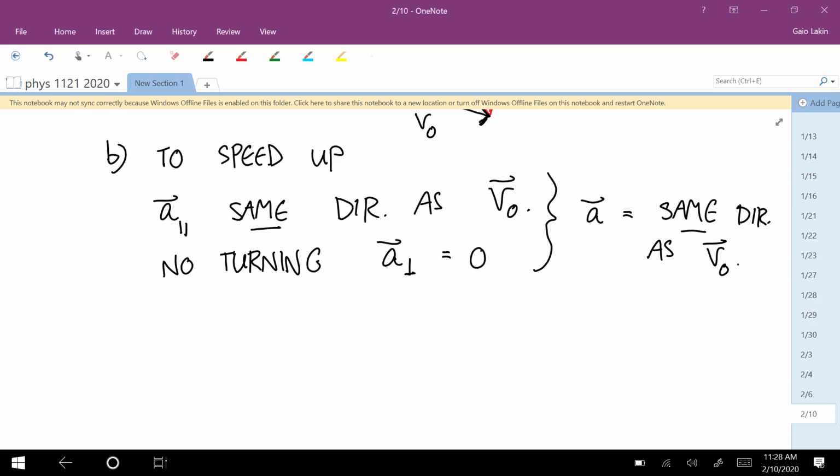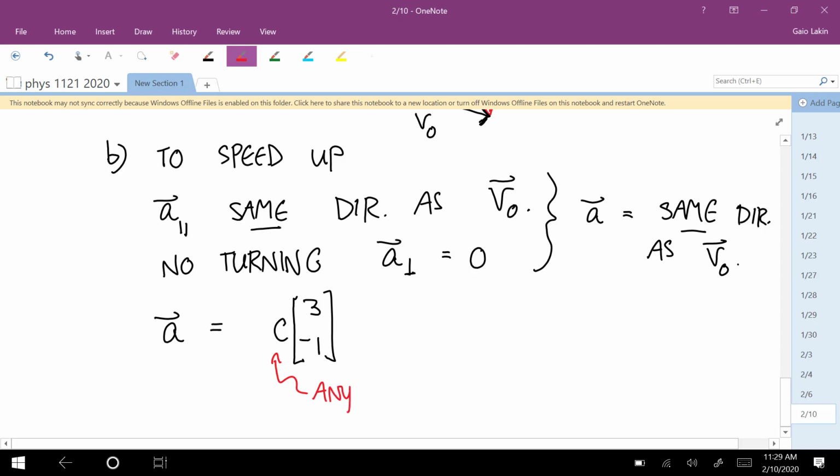That's exactly right. Yep. So the acceleration would be, you can think of this as some number c times 3, -1, where this c is any positive number.